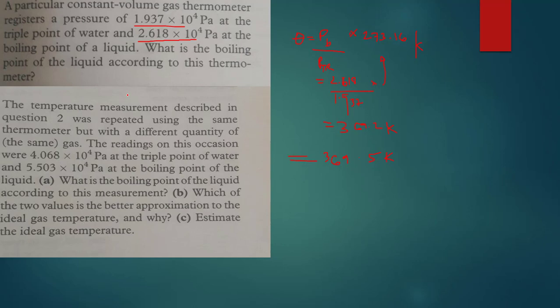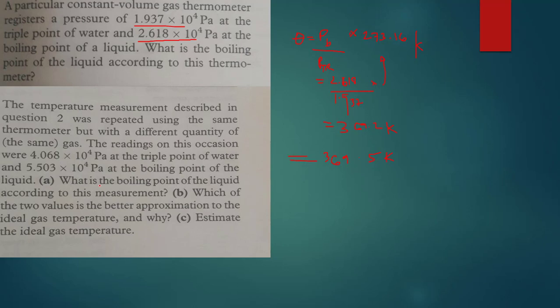Now we know one characteristic of real gases is that at very low pressures, or at zero pressure, they usually behave like an ideal gas. So that means in our two thermometers, the one that will give a better approximation to the ideal gas temperature is the one closest to zero. So the lower the pressure, the more the real gas approaches the behavior of an ideal gas.